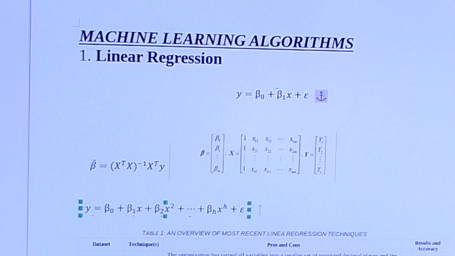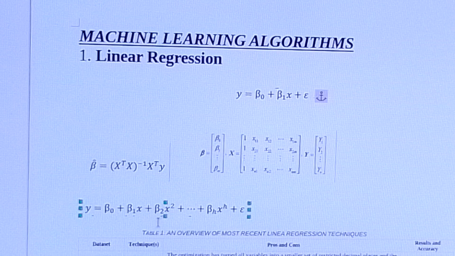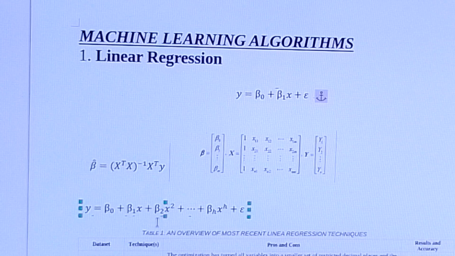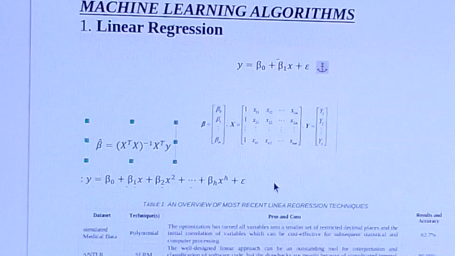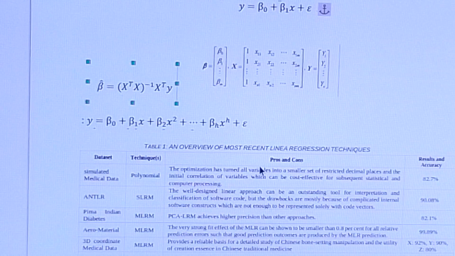This equation, this polynomial, explains the MLR, multivariate linear regression. The formula to determine the matrix is here, this formula and this matrix that you can see on the screen. Well, now this is MLR, multivariate linear regression.